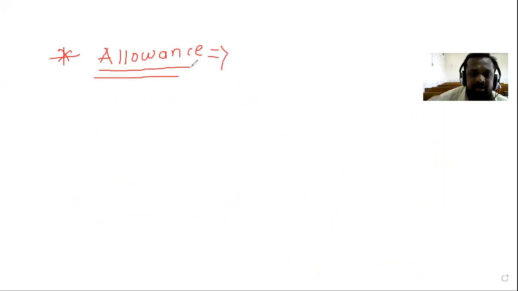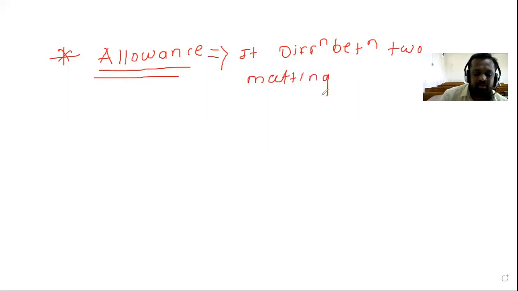Allowance is nothing but the difference between two mating parts.